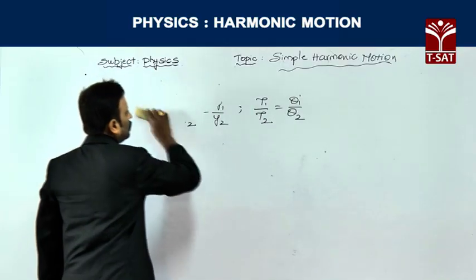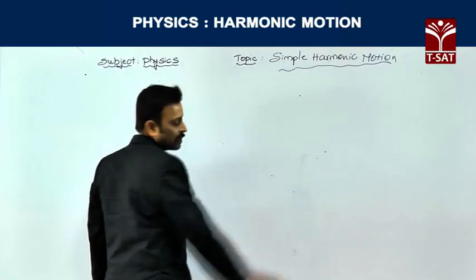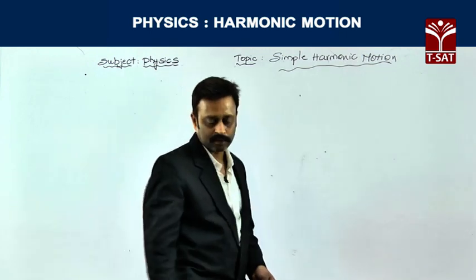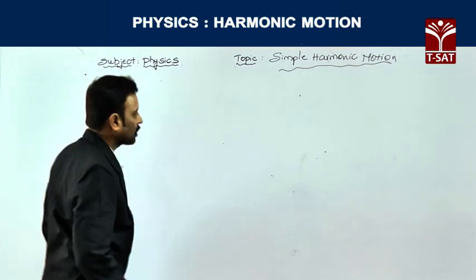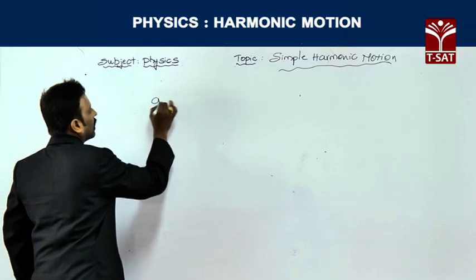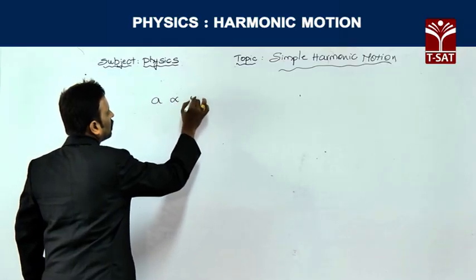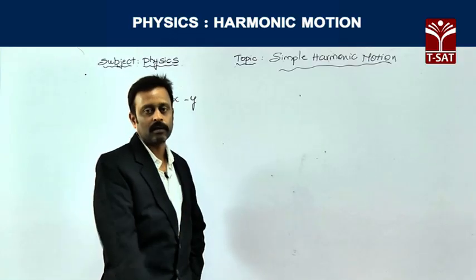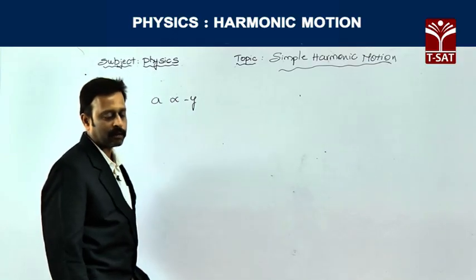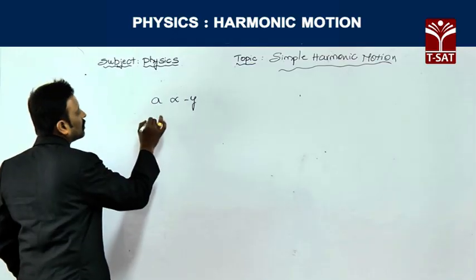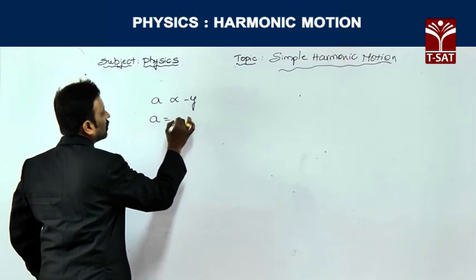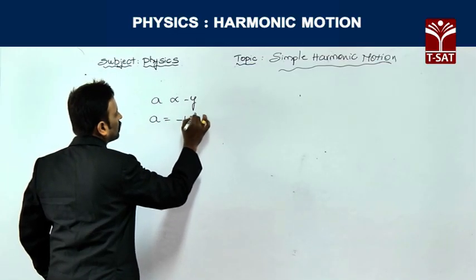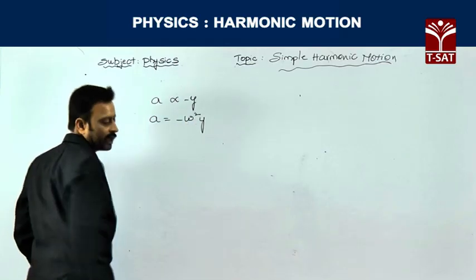Next, for a simple harmonic oscillator, acceleration is directly proportional to displacement but acting in the opposite direction. Just now I told you while explaining the concept of simple harmonic motion. From this, if you remove the proportionality, we get some constant omega square into y.